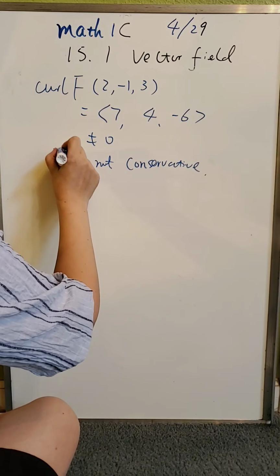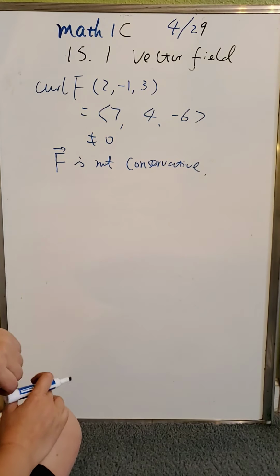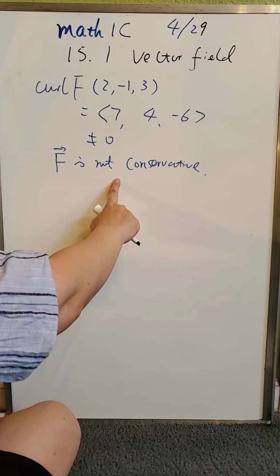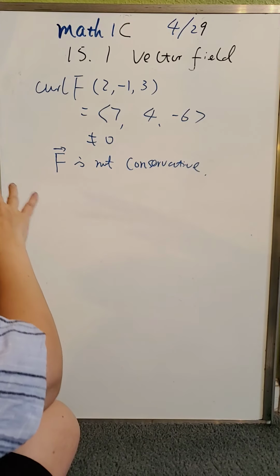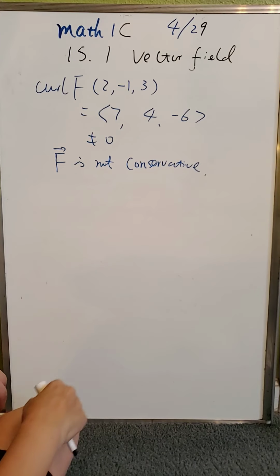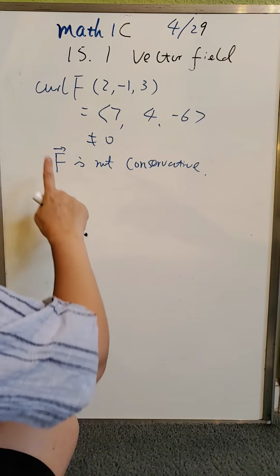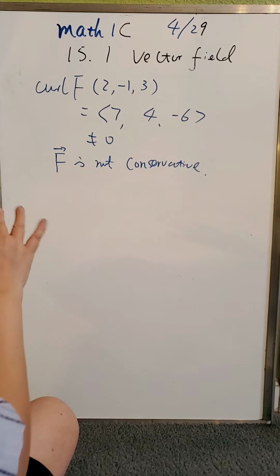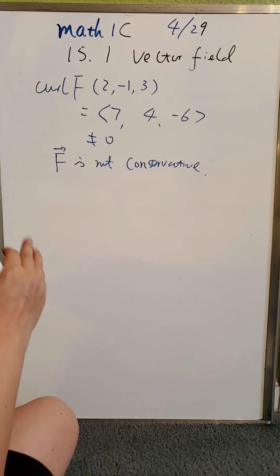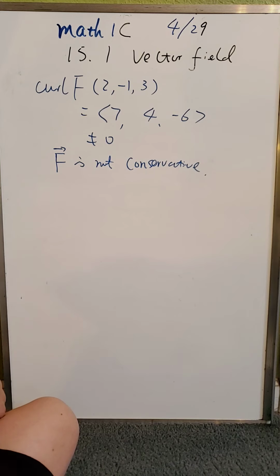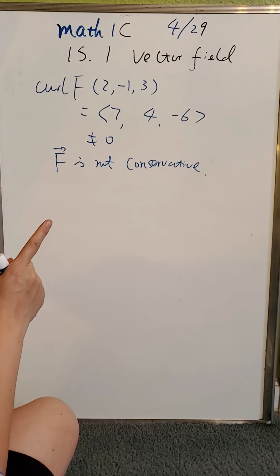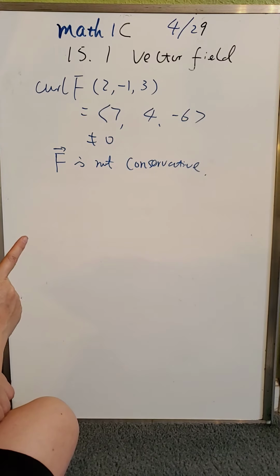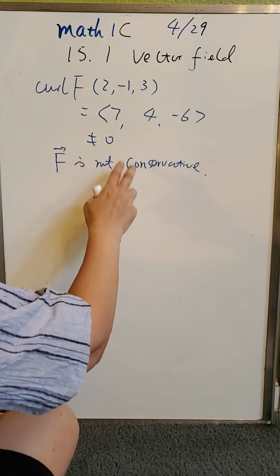So remember, when it's not conservative, it means there's one point where the curl is not equal to 0. Even at the other points the curl can be 0, but it's still not conservative, because you just need to have one point where the curl is not equal to 0, then it becomes not conservative.